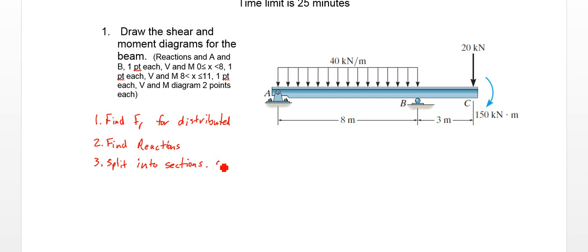We do that at discontinuities. Step 4, solve for V and M at each section. And then finally 5, we'll draw the diagram.